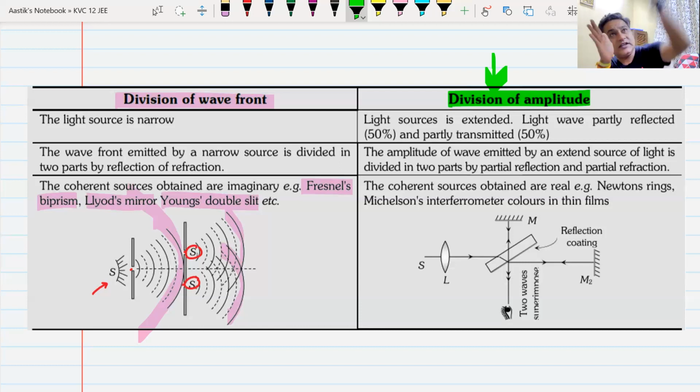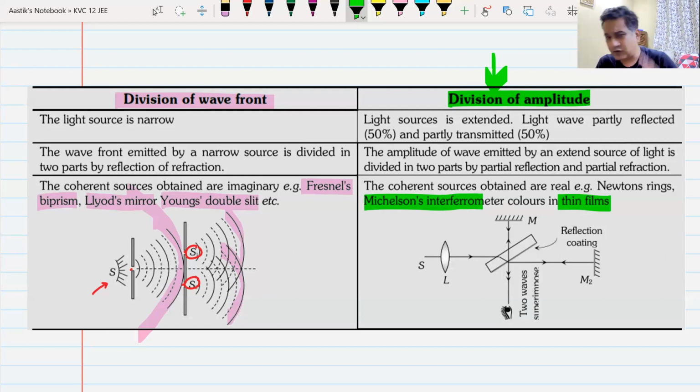Let us say 30% of the amplitude will be taken by the reflected wave, and maybe 70% of the amplitude is taken by the refracted wave. Do we understand this? This type of division of amplitude is used in Michelson's interferometer, and if we get time, we will do interference in thin films. In interference in thin films, we see this division of amplitude.